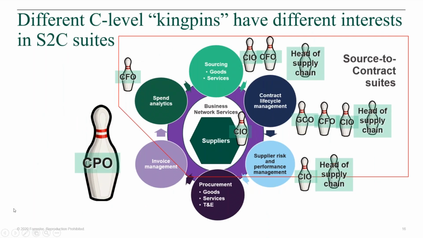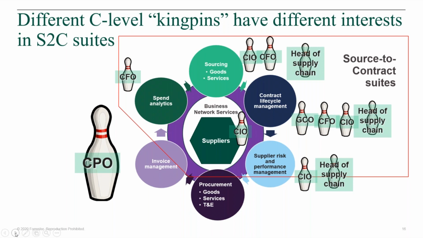One of the key issues here, as I said, is that different stakeholders will have different interests in this. Of course, the CPO is involved in all of these. That's why it's sort of the key kingpin. But you'll see different stakeholders popping up in different places. For example, increasingly, CFOs are becoming stakeholders in spend analytics, because that can give them insight as to what the company's spending is and what that means from a financial perspective or even from an M&A perspective.